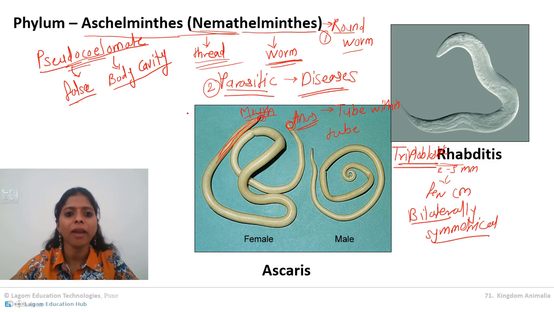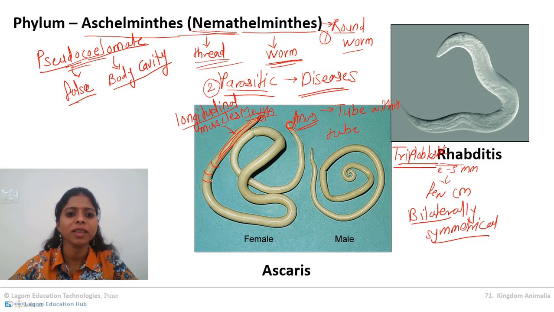These straight muscles are called longitudinal muscles. What are they called? Longitudinal muscles. They have longitudinal muscles, but not other muscles like circular muscles.